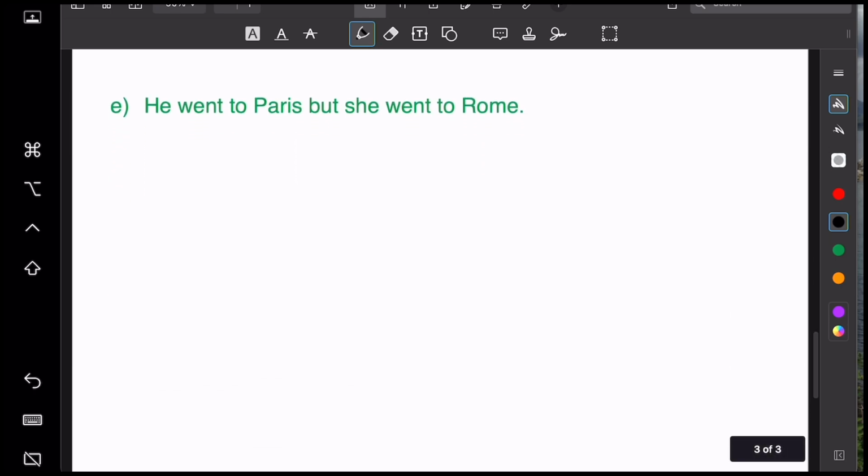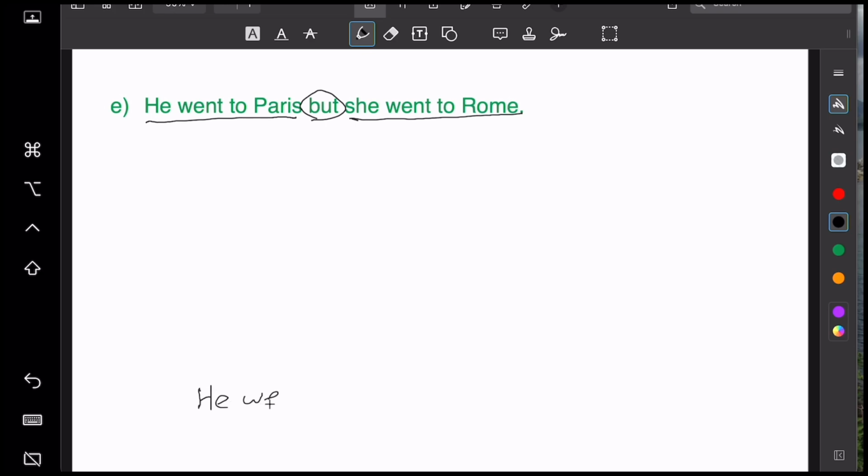Now here we have an interesting case. We have a case where we have conjoined sentences. Let's assume that sentences for the moment are just TPs. So we're going to conjoin this TP, he went to Paris, with this one, she went to Rome. But is a conjunction that can connect those two sentences. So let's construct those two sentence trees first.